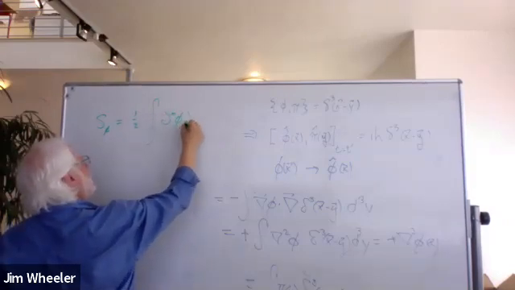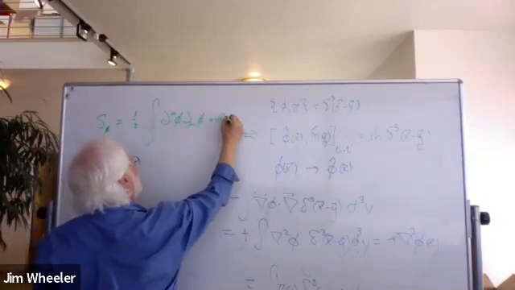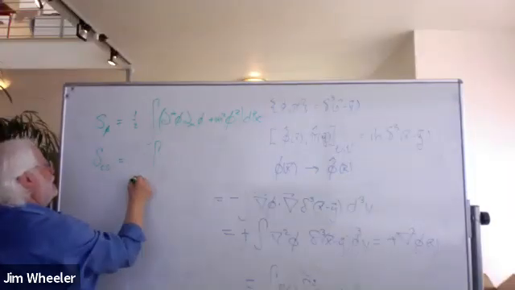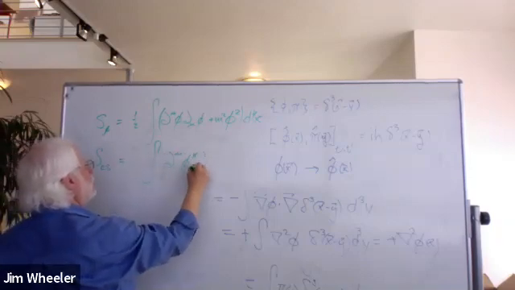Can you see this? Yeah. Thank you. All right. And then a complex scalar, you don't need the half because one of these is the complex conjugate.